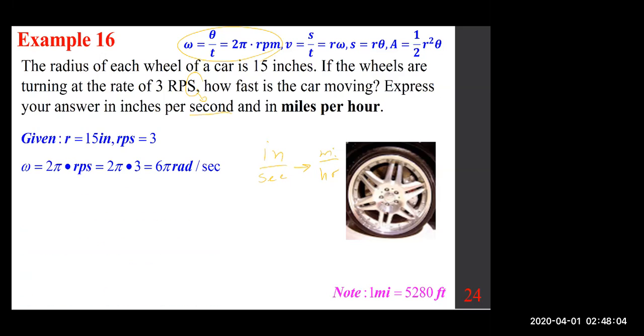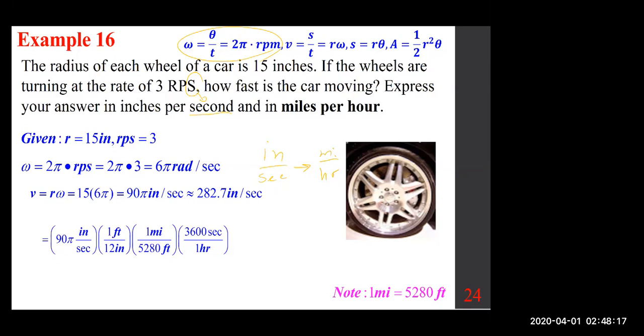So we did this, and we came this far. Now we are going to make the transformation such that it becomes miles per hour. Notice they cancel each other.